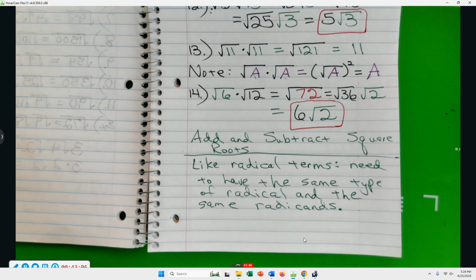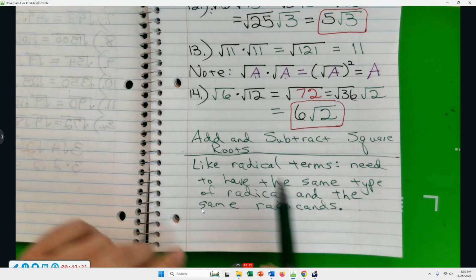And if you have like radical terms, then basically all you're doing is combining like terms. The radical part acts like the variable part when you're combining, say, 3x and 7x.